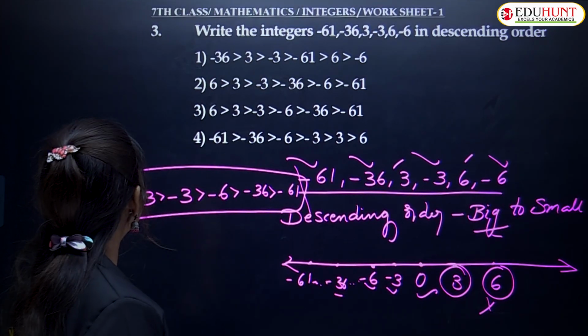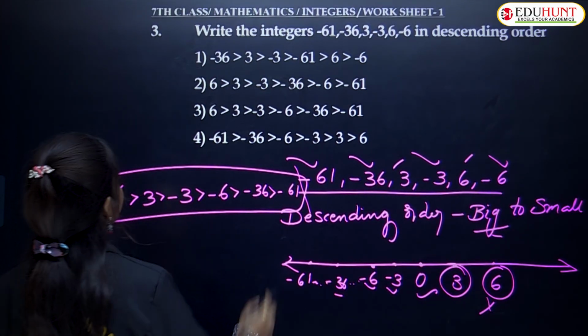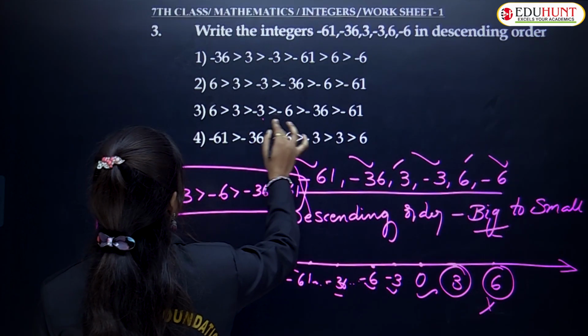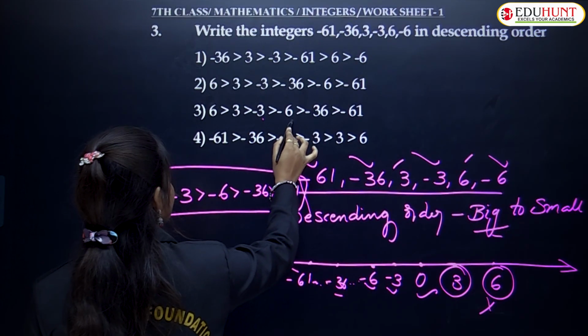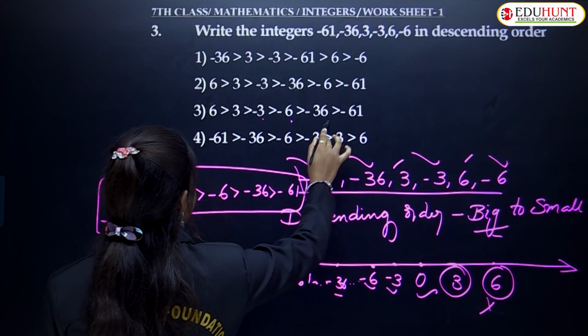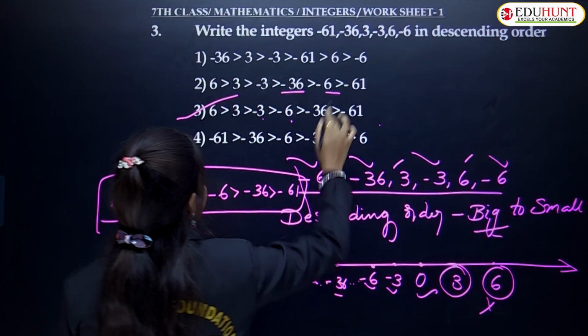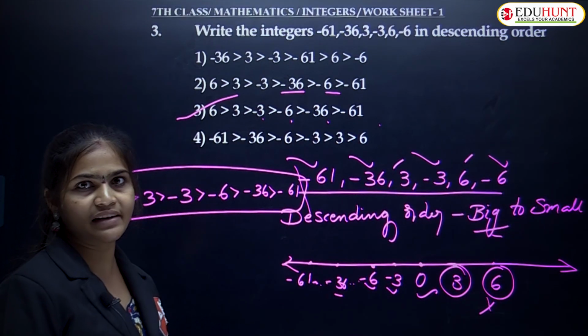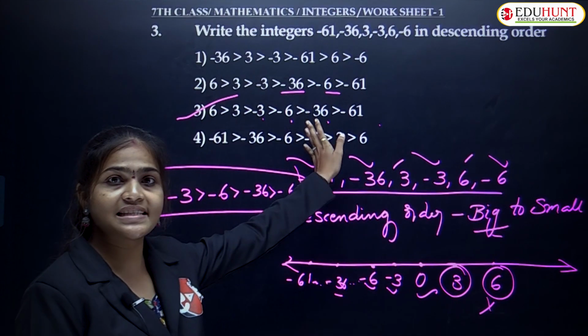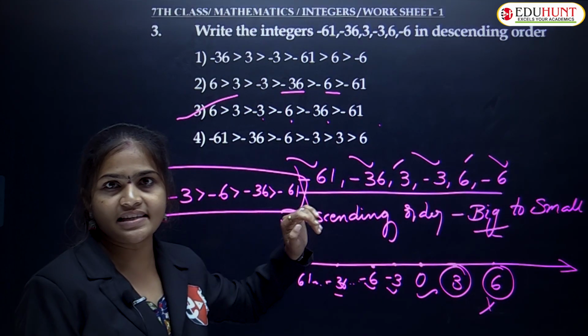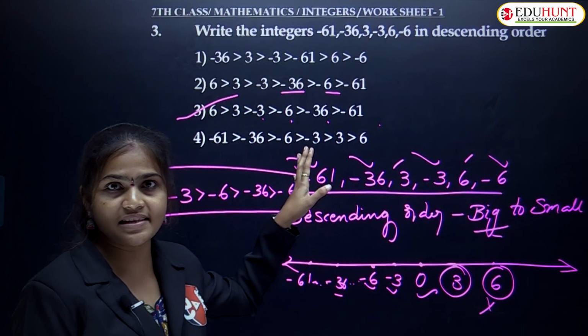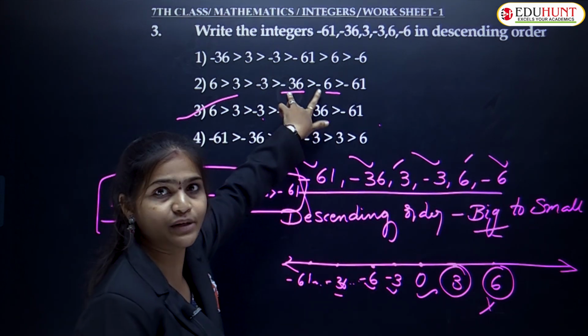Which option is correct here? 6 is greater than 3, greater than minus 3, greater than minus 6, and that is greater than minus 36, that is greater than minus 61. Here children, they have given minus 6 and minus 36 in a different way, but here minus 36 is less than minus 6, not greater than minus 6. Why? Because these two are negative integers.